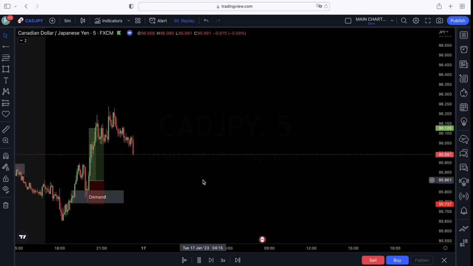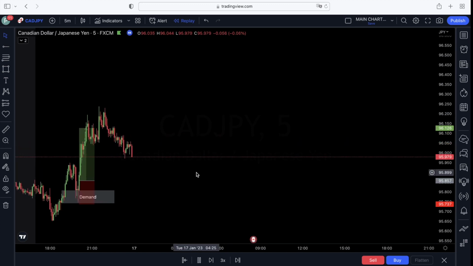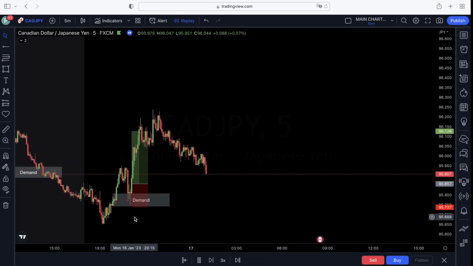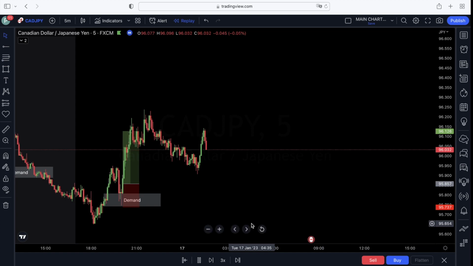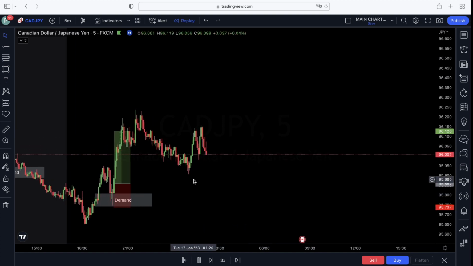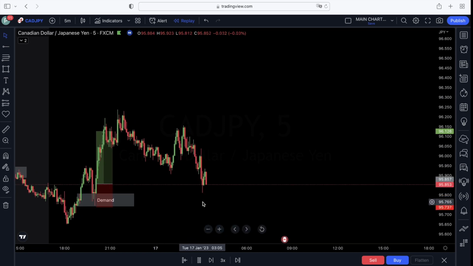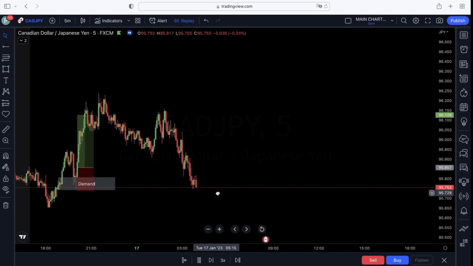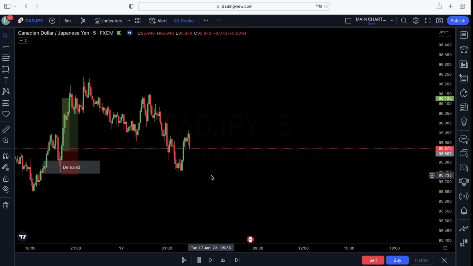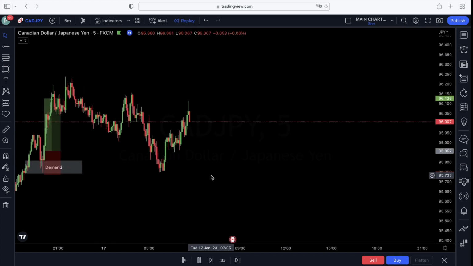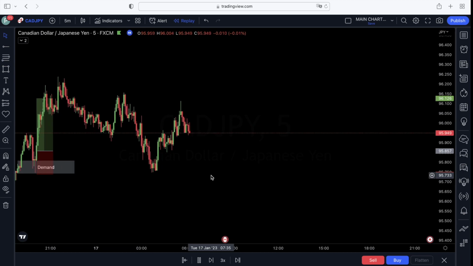We're looking at this pair in New York session to see what it does, but I saw that movement around what time? 8 o'clock. Okay, this is London session about to open. It doesn't move too much.